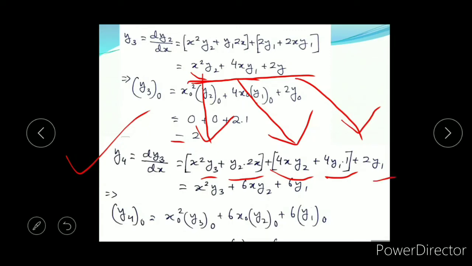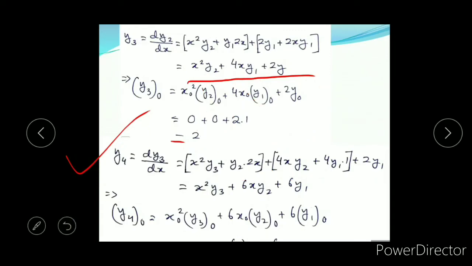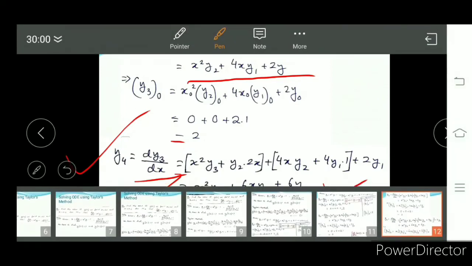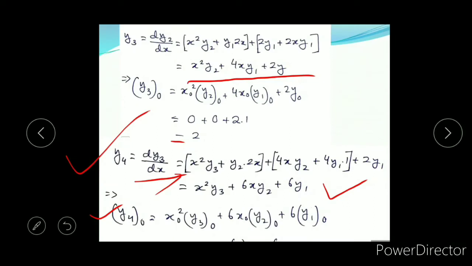After simplifying this line, we will get y4 equals x square y3 plus 6xy2 plus 6y1. So putting the values of x0 and y0, we are getting y4 0 equals x0 square y3 0 plus 6x0 y2 0 plus 6y1 0.